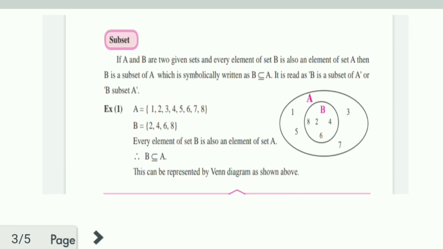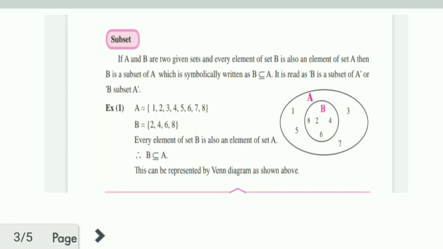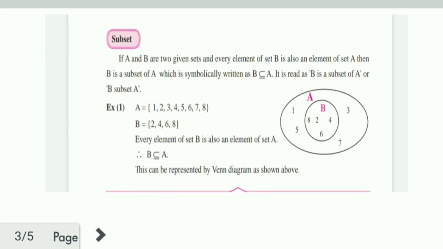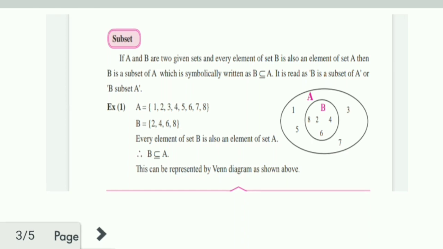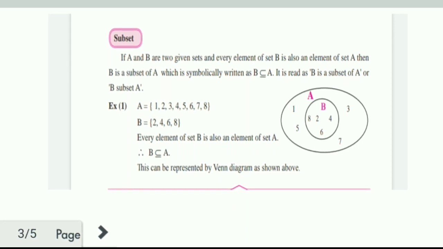Okay, there are two sets. A is 1, 2, 3, 4, 5, 6, 7, 8, and B is another set 2, 4, 6, 8. We can see that 2, 4, 6, 8, all the elements of set B, belong to A. So we can say that B is a subset of A. This can be represented by Venn diagrams as shown above.